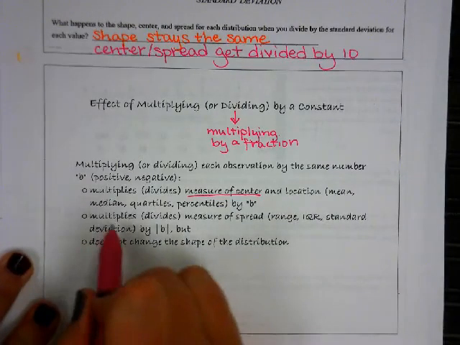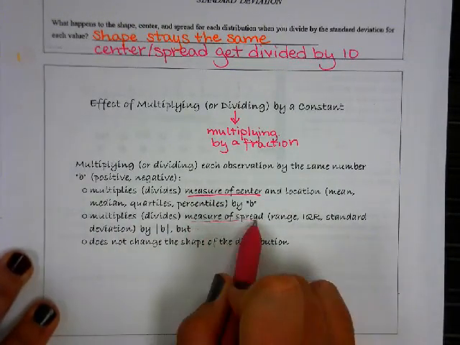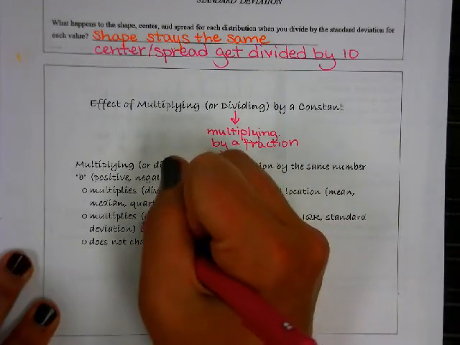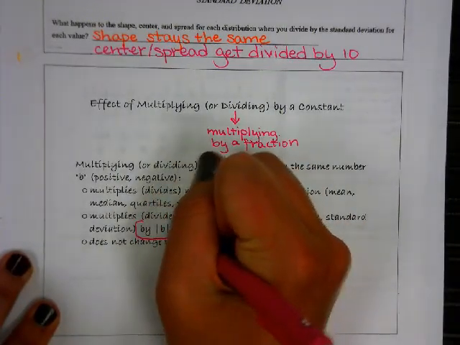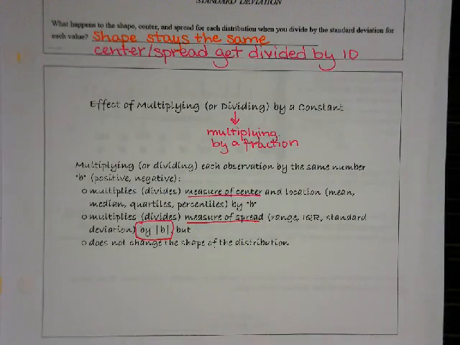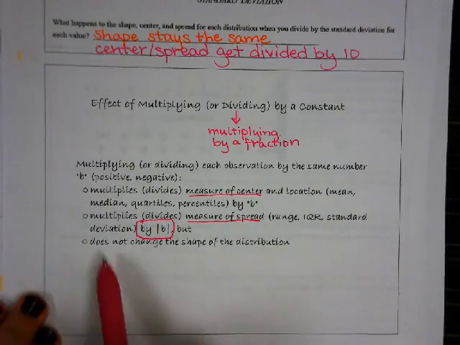Now, if it's a negative, it only multiplies your measure of spread by the absolute value of the constant, not by a negative. So if we divided everything by negative 10, our spread would be divided by 10, so it'd still be 3.8. It does not change the shape of the distribution.